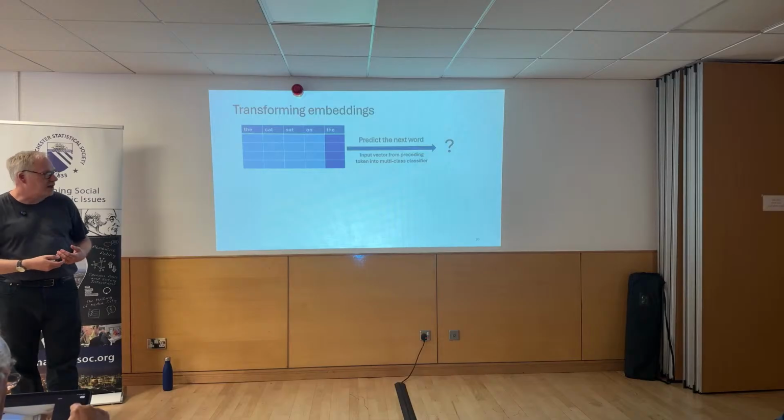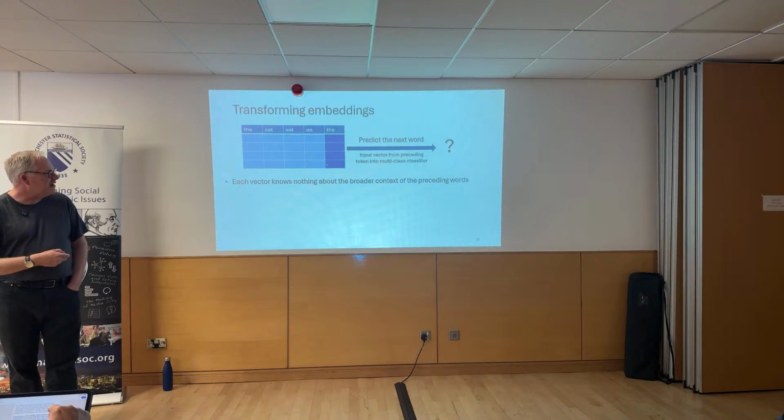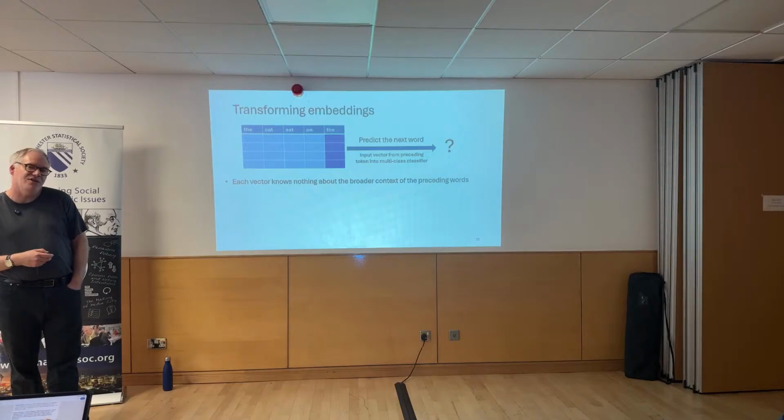Given a training data set, I could train a multi-class classifier to predict what the next word is, given that input set of features. The only problem I've got is this vector here actually knows nothing about the other words in my prompt. So this vector here knows nothing about these words here. So it's probably not actually a very good vector for predicting the next word.